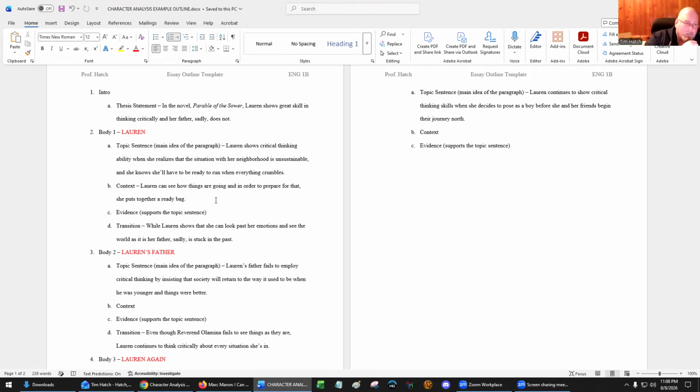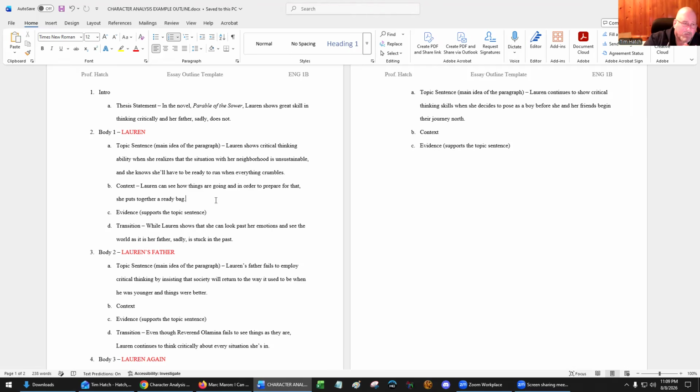I need to find the actual quotes if I were to turn this in as an outline, and I would need to finish writing the context for the other two paragraphs. You could write the context for the other two paragraphs right now, as long as you know roughly what the quote is. So really, at this point, it's just about finding the quotes and then putting them in there.